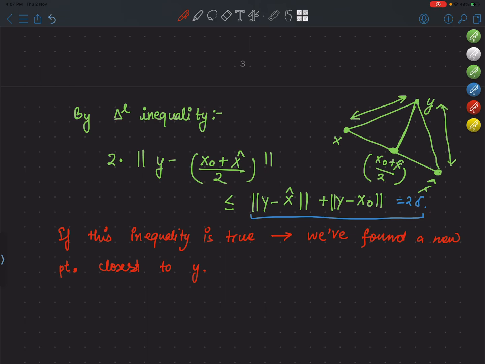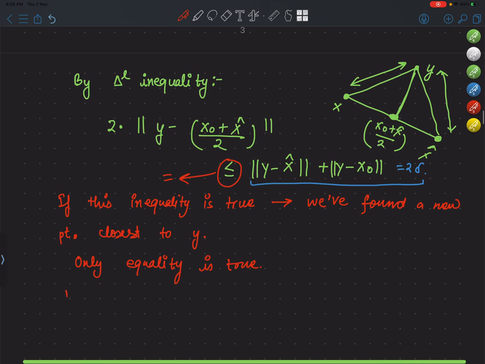So in place of this inequality, only equality should hold. So that's what we are going to write. Only equality is true.